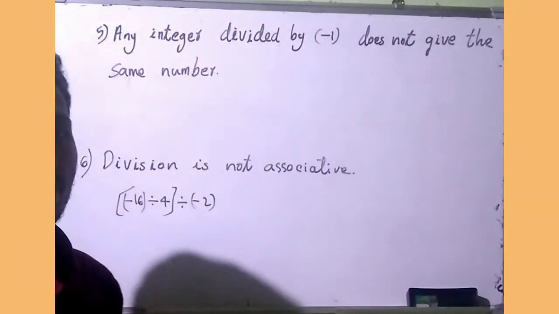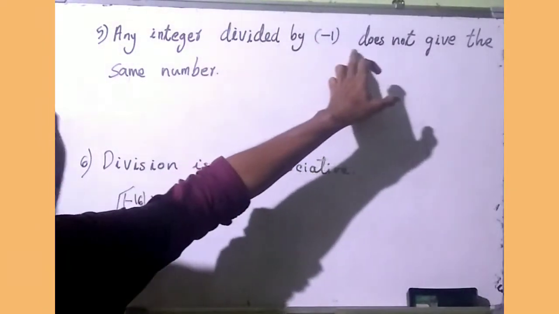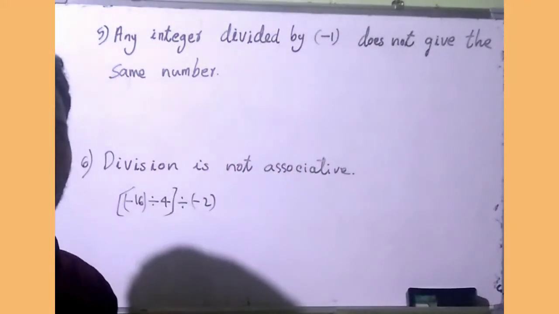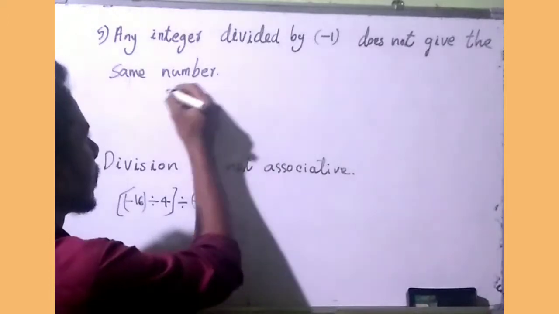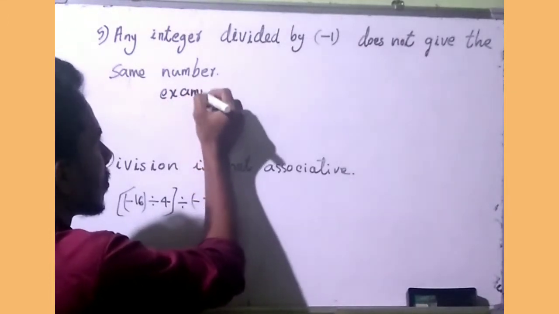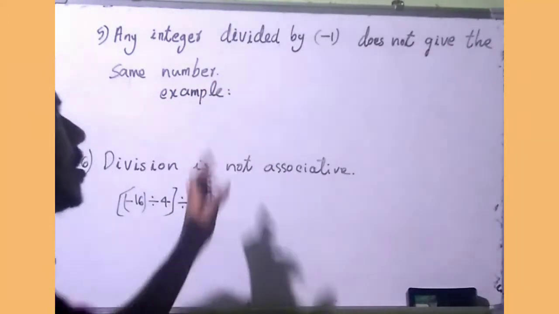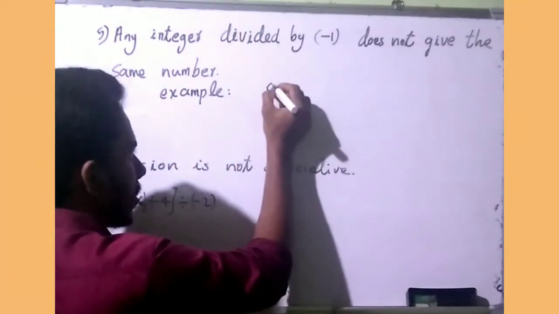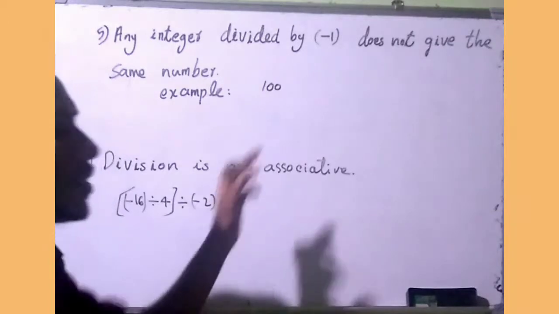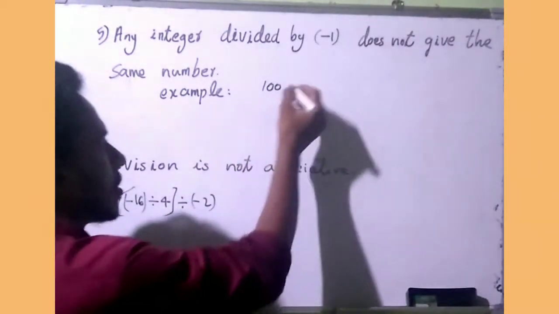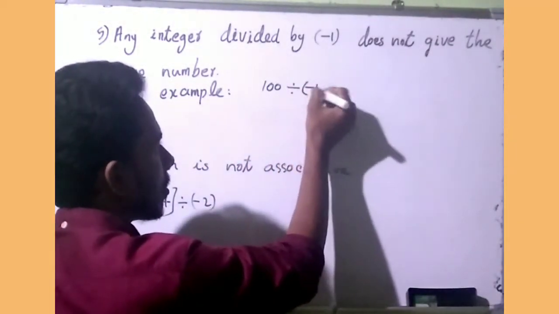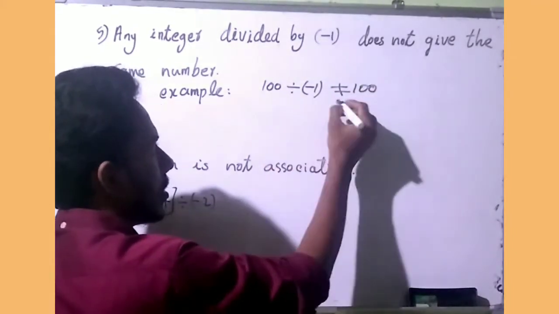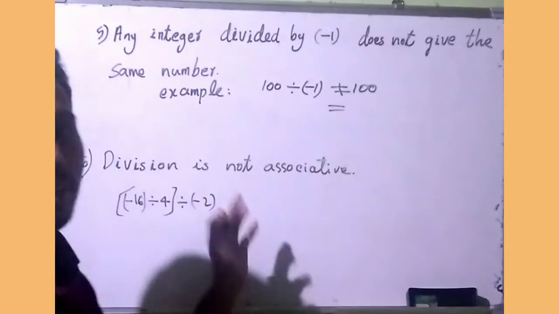Then the next property: any integer divided by -1 does not give the same number itself. For example, 100 divided by -1 is not equal to 100, but it is equal to -100.